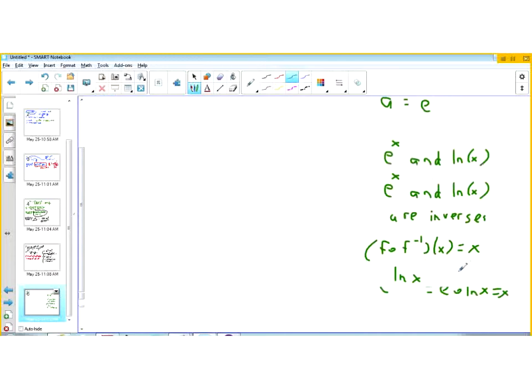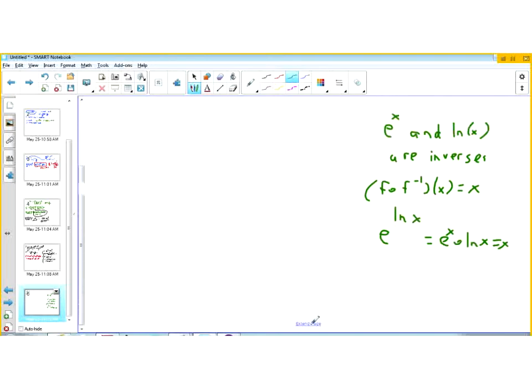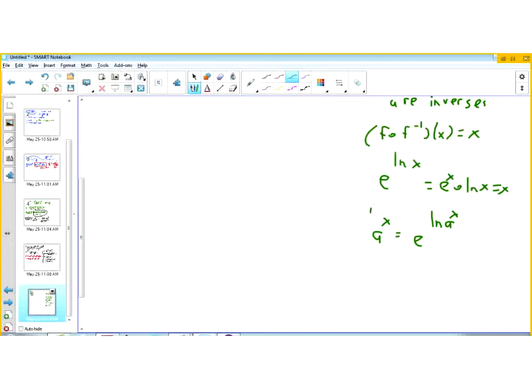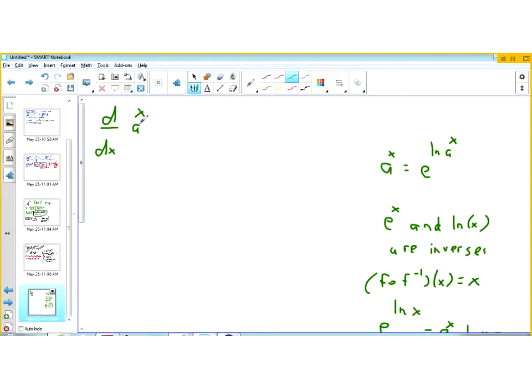Okay, so knowing that, we have a^x can be written as e^(ln(a^x)). And so why do we want to know that? All right, so let me show you how we can use that to solve this derivative in an easy way.